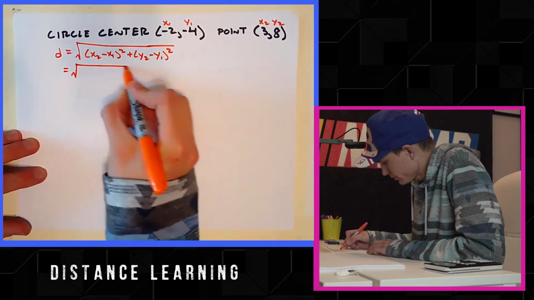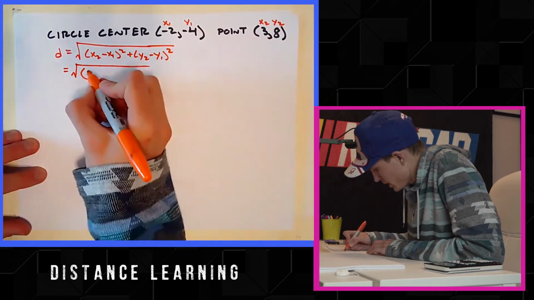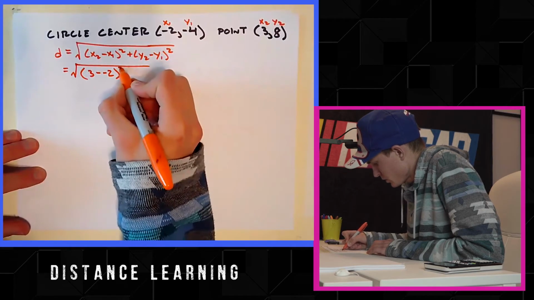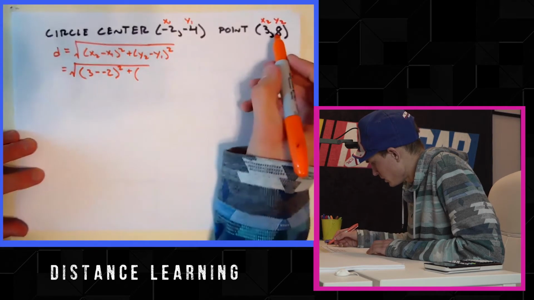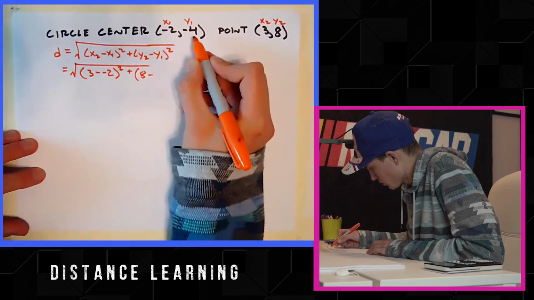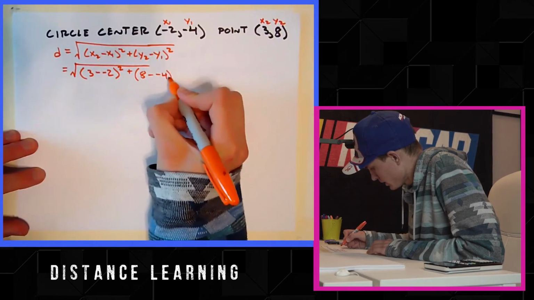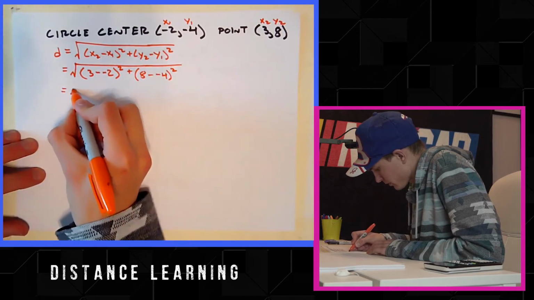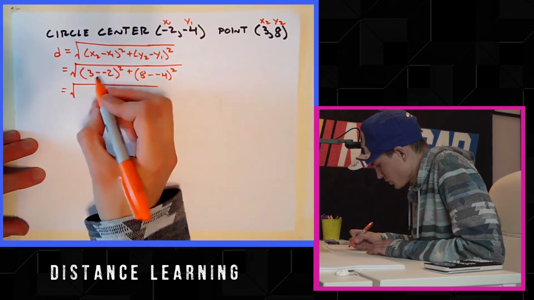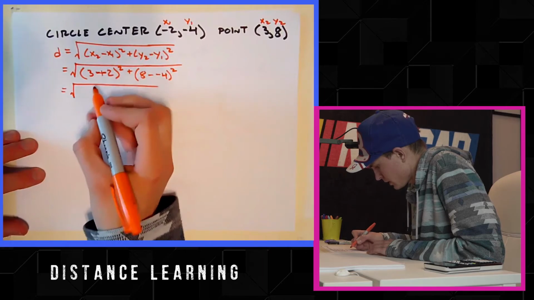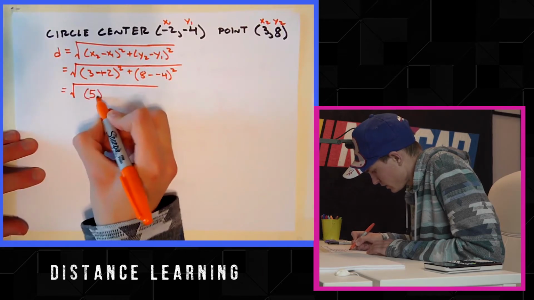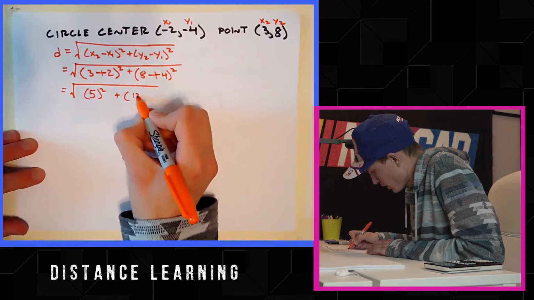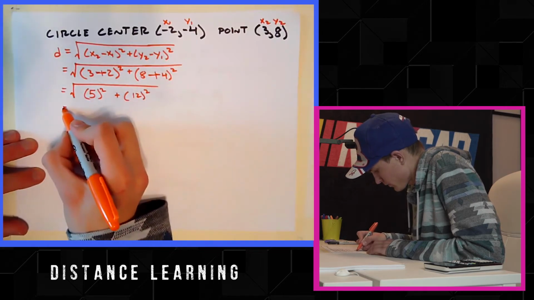So, x2, 3, minus x1, negative 2, squared plus y2, 8, minus y1, negative 4. Again, another double negative. So, 3 minus negative 2 is 3 plus 2. That is 5 squared. Plus 8 minus negative 4, that is 12 squared.